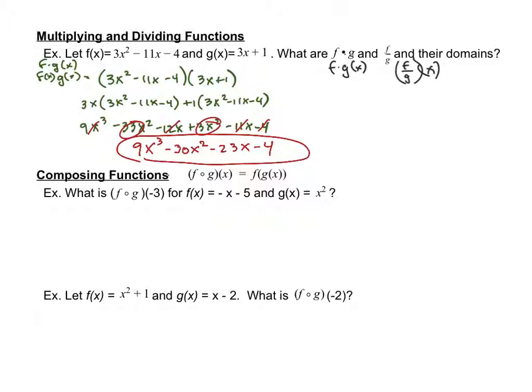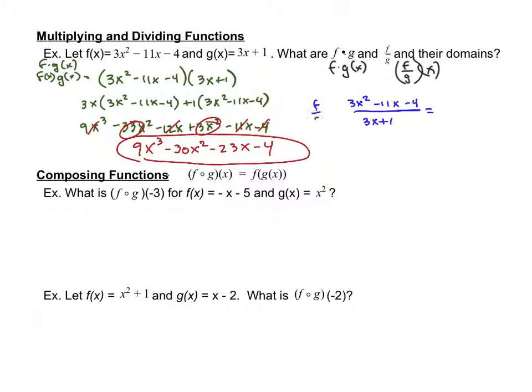When I do my division, it is going to be set up a little bit differently. We're going to take f of x and divide by g of x. I may be able to do some simplification here when I factor.